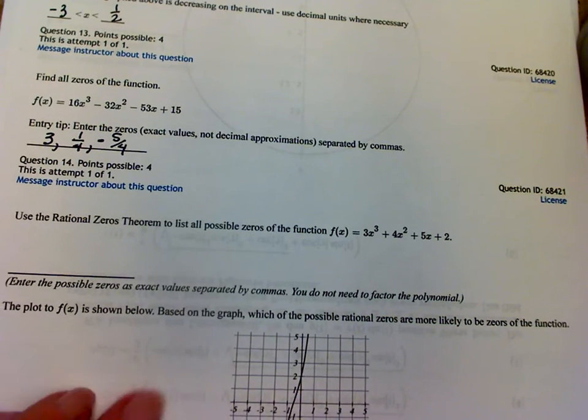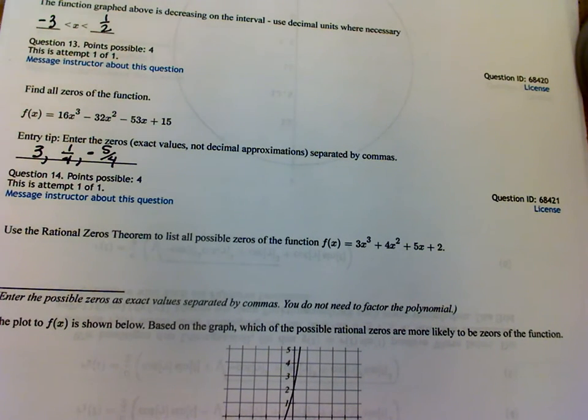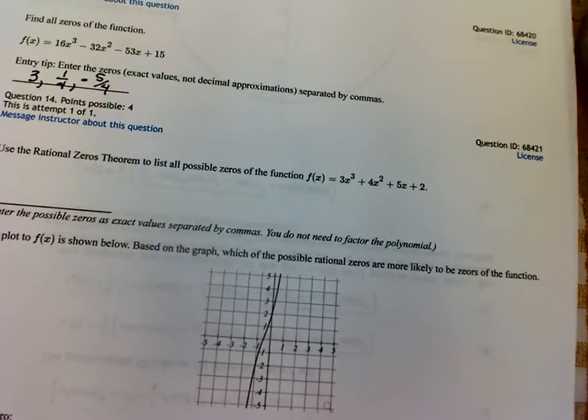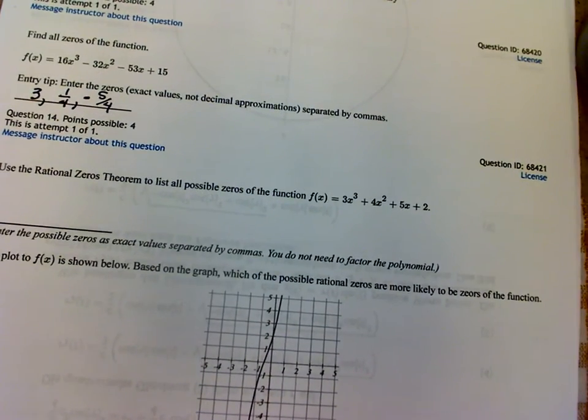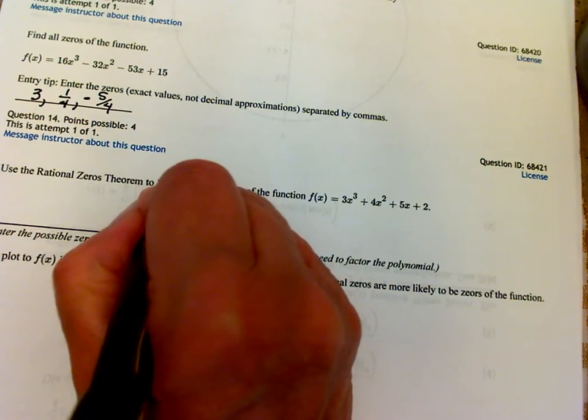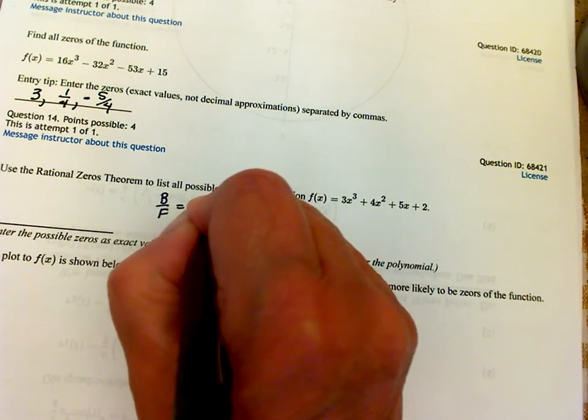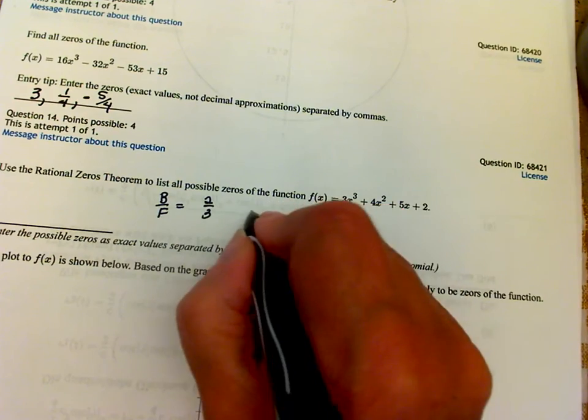Use the rational zeros theorem to list all the possibilities. Sometimes things are a pain. That's why I gave you 2 hours on this exam. So back divided by front, the back is a 2 and the front is a 3.